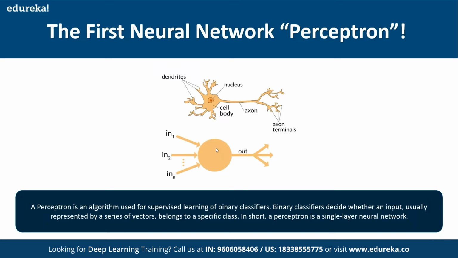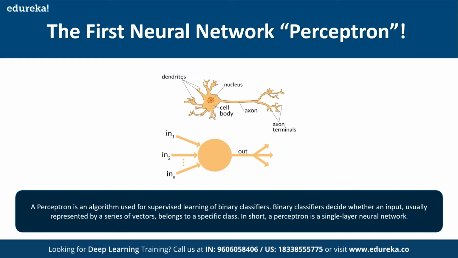You can think of them as a perceptron. Just like the nucleus analyzes data, here I'll also perform some kind of data transformation such that I'll be learning as many patterns as possible from the data set. And just like we've got axon terminals, which send the output to the next neuron, here in my neural network, I've got the output layer, which sends that processed information to the next layer.